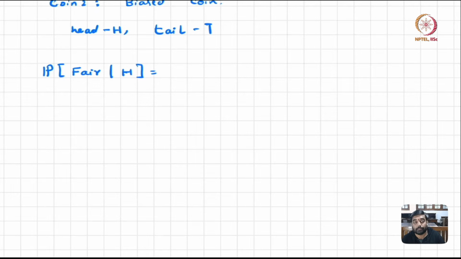So, now we'll be using Bayes rule and the total probability together. It will be the probability of heads given a fair coin times the probability of choosing a fair coin.